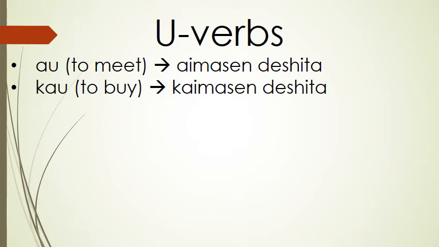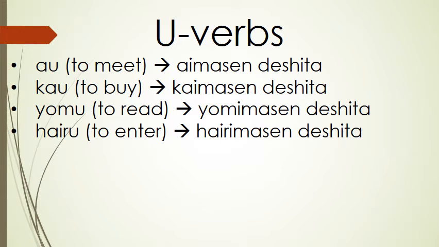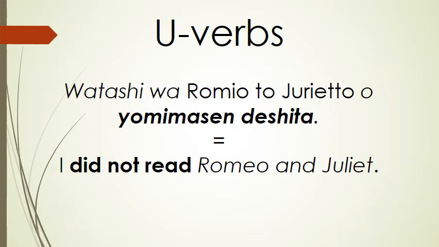Kau, to buy, becomes kaimasen deshita. Yomu, to read, becomes yomimasen deshita. Hairu, to enter, becomes hairimasen deshita. And matsu, to wait, becomes machimasen deshita. So, if I said, Watashi wa Romeo to Julietto o yomimasen deshita, that would mean I did not read Romeo and Juliet.